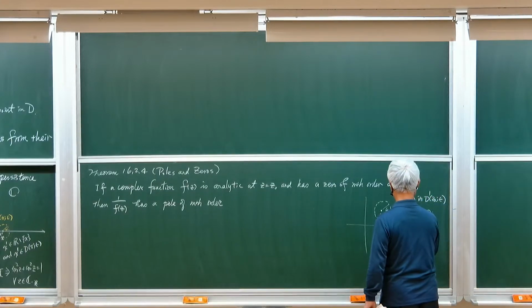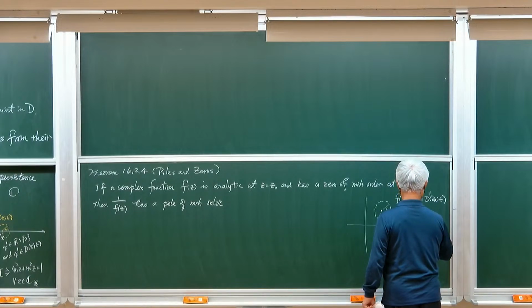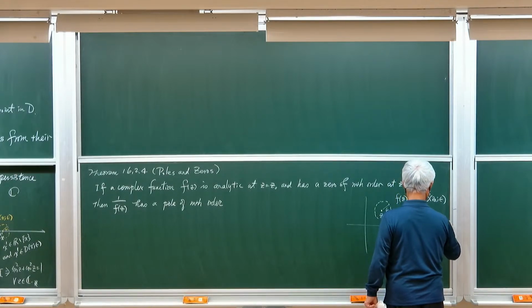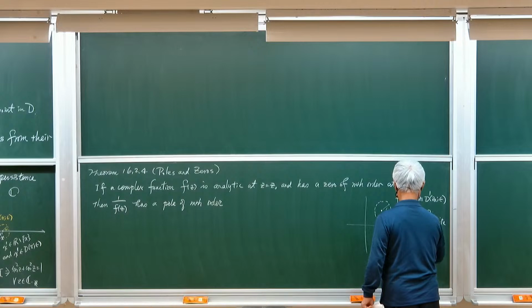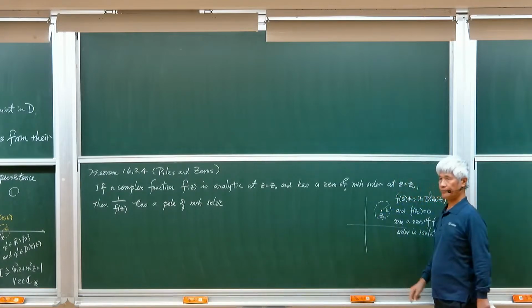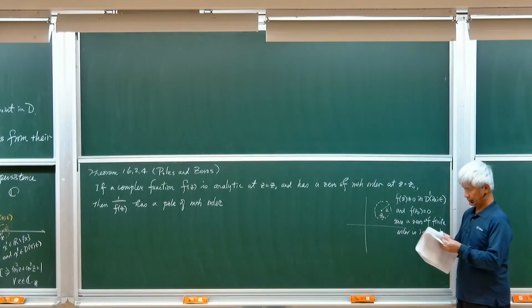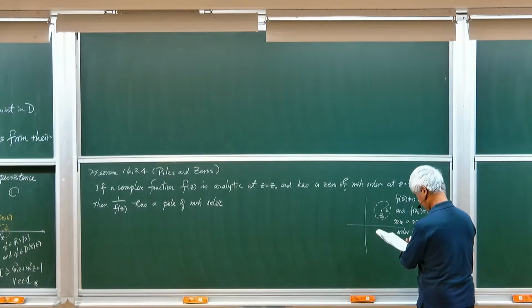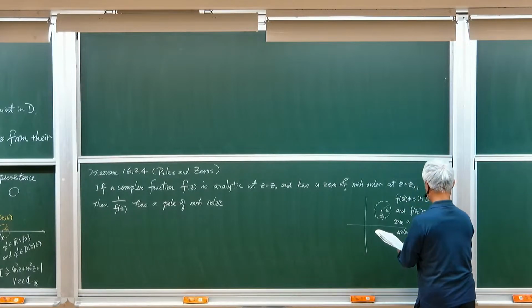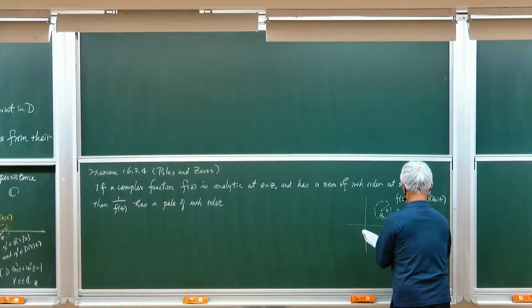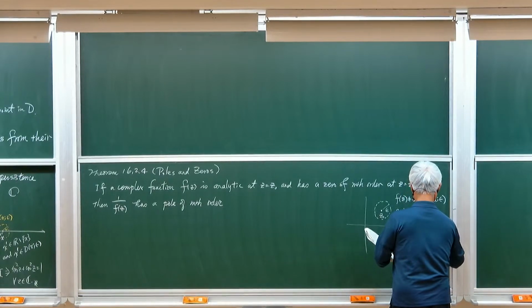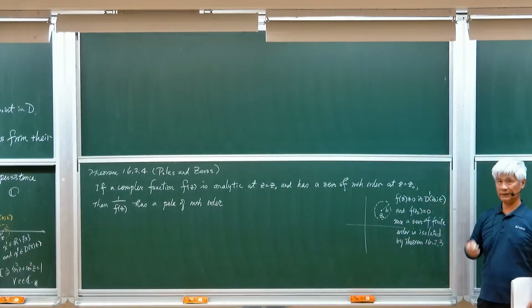Since a zero of finite order is isolated, and this has been stated in theorem 16.2.3, so it is isolated.